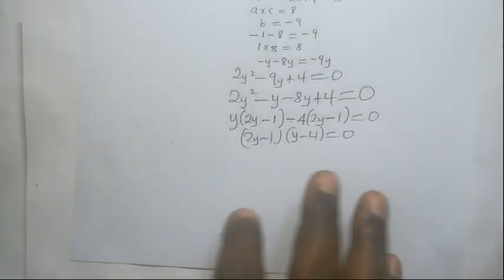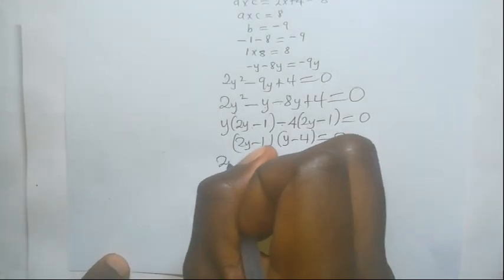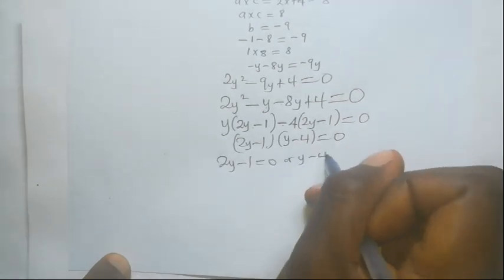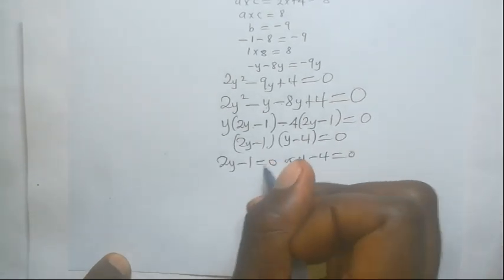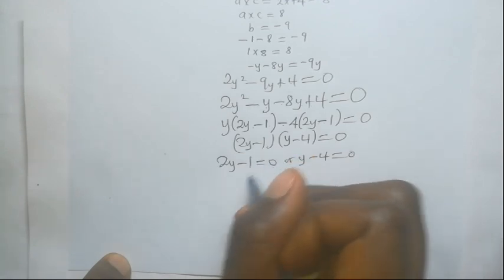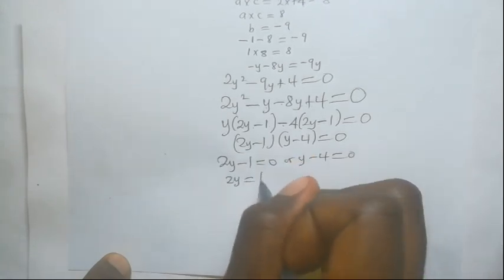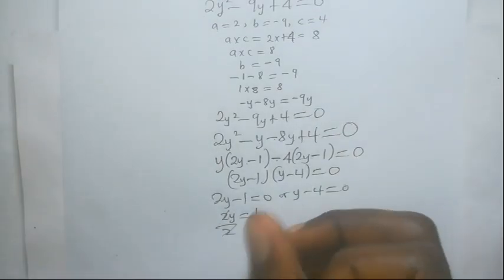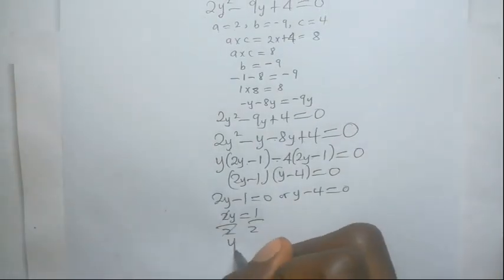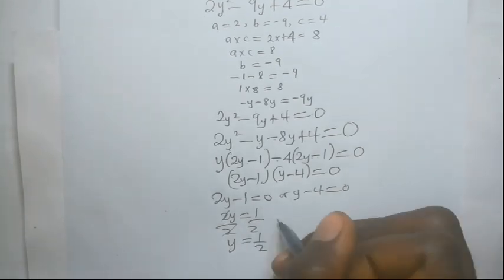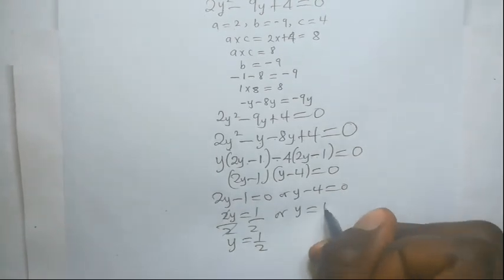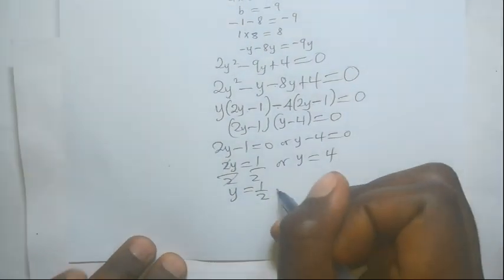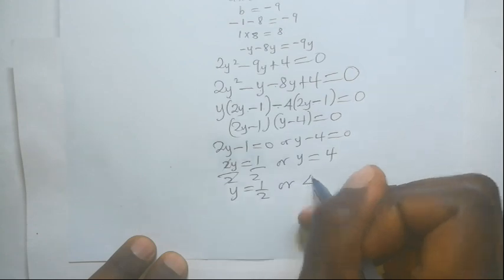So we can say 2y minus 1 is equals to 0, or y minus 4 is equals to 0. Here 1 will cross the equal sign, becomes positive. We divide both sides by 2. So as you can see, our y is going to be 1 over 2, and here our y is going to be 4. So our values of y is y is equals to half or 4.